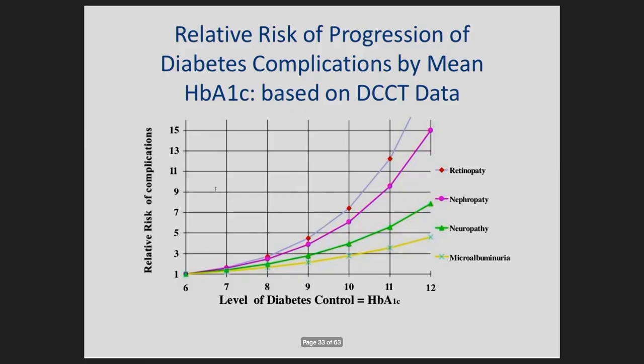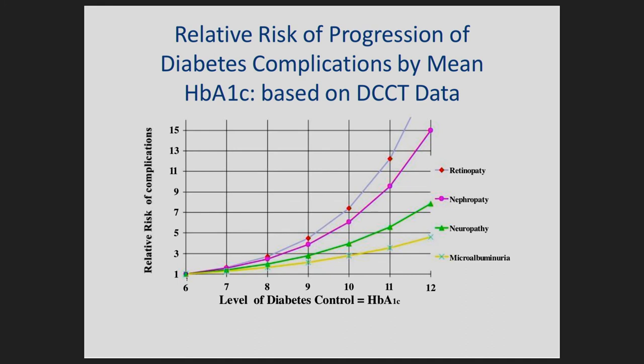So from 1993, most endocrinologists and diabetologists shifted their patients from twice per day injection to multiple daily injection. And this is what I mentioned, the DCCT data. They said those on multiple daily injection have a lower hemoglobin A1C.